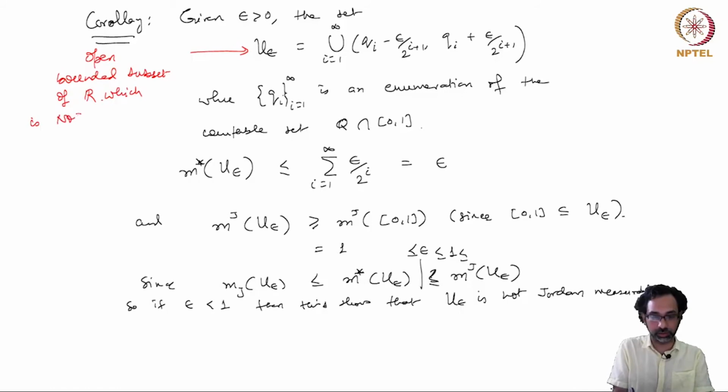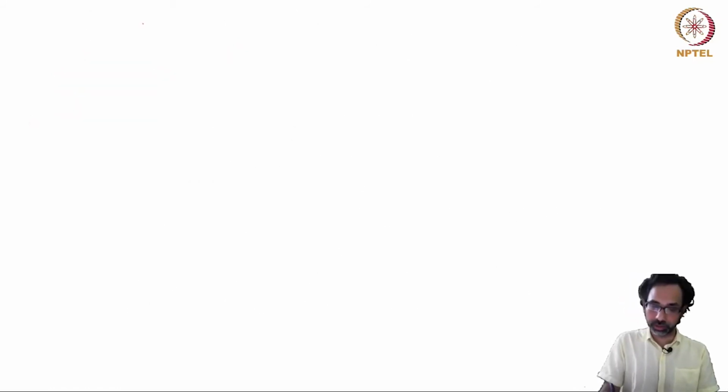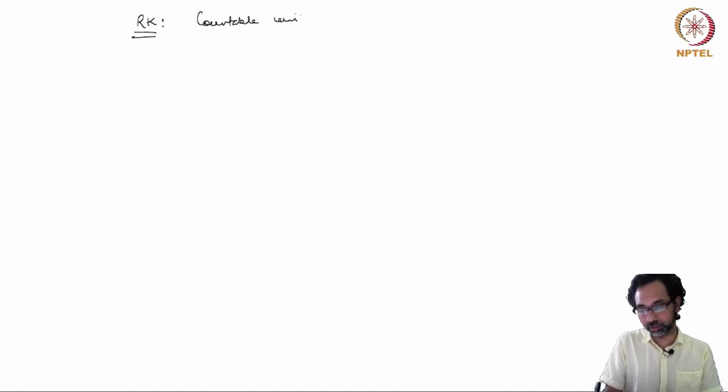This also shows the following fact, which I put as a remark, that countable unions of Jordan measurable sets may not be Jordan measurable.